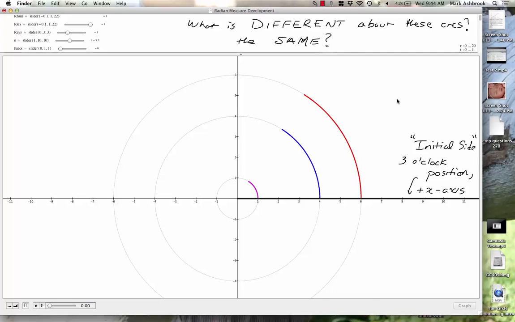And what Michaela and Adam said is that all 3 arcs mark off the same angle. So if you imagine opening up that angle from the 3 o'clock position right to there, then this is called the terminal side of the angle. Terminal meaning the end.